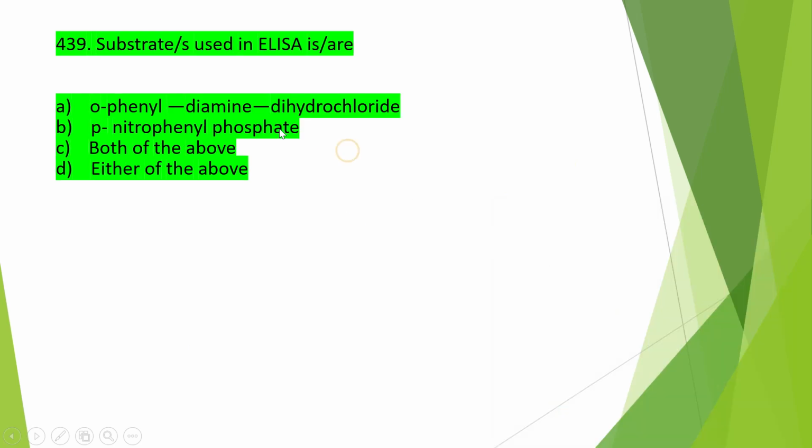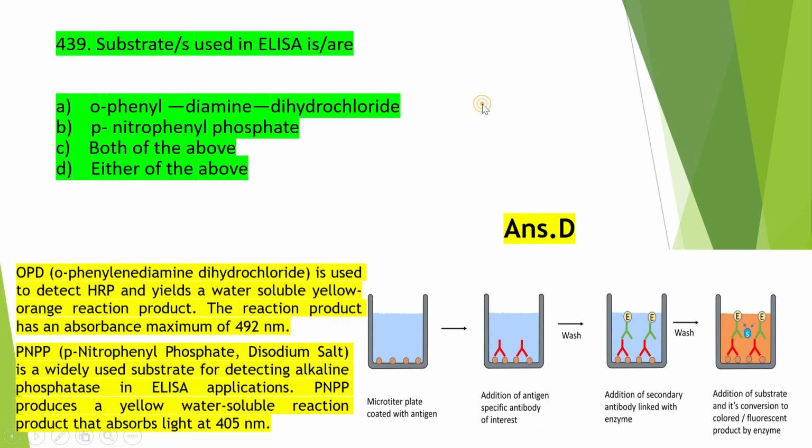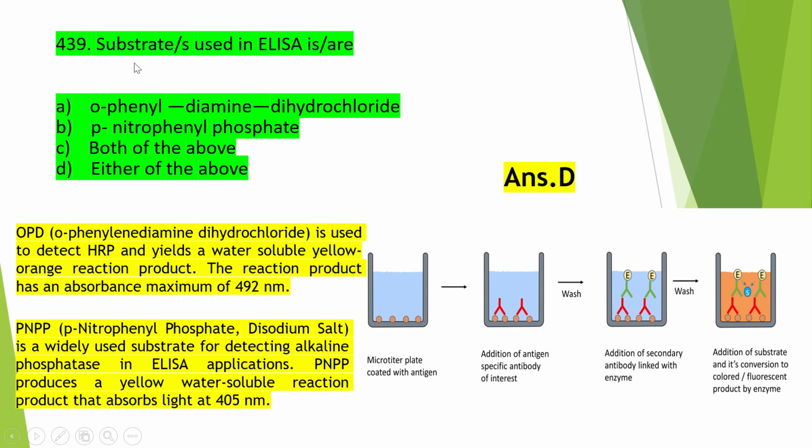Okay, so next one is substrate used in ELISA is or are orthophenylenediamine dihydrochloride or paranitrophenyl phosphate or both of the above, either of the above. And the right answer is option D, either of the above. So the substrate of ELISA is either of the above. OPD, or orthophenylenediamine dihydrochloride, is used to detect HRP and yields a water-soluble yellow-orange reaction product.